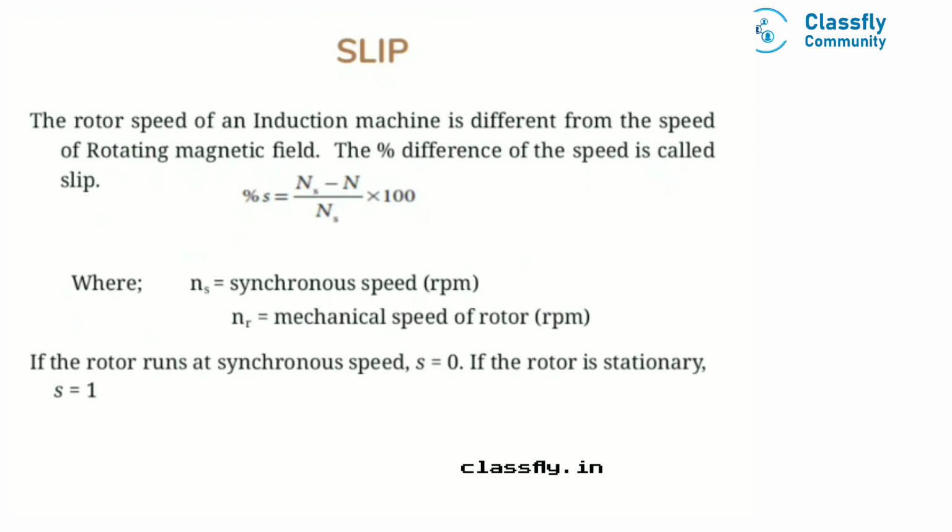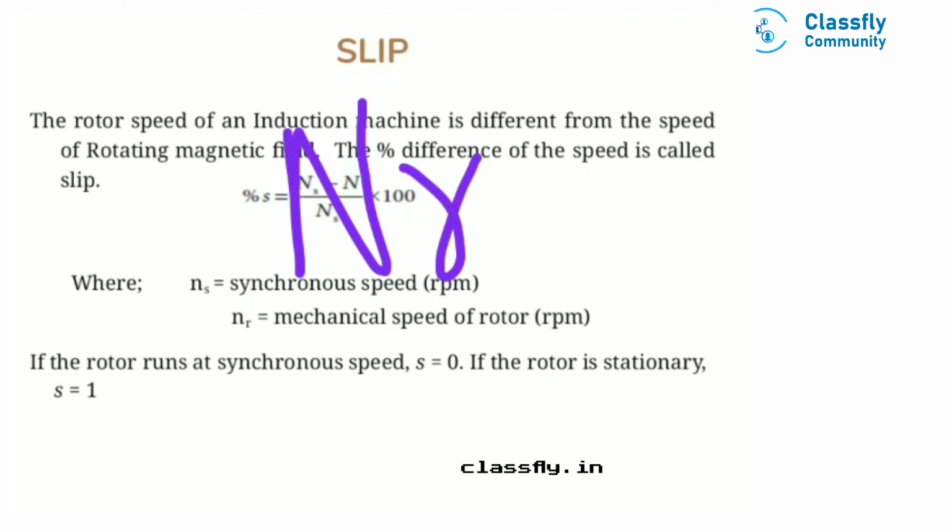Now can you tell me, can our slip be negative? That means then our nr will be more, only then can a slip be negative, right? Yes, our slip can be negative. That means our nr has to be greater than the synchronous speed.